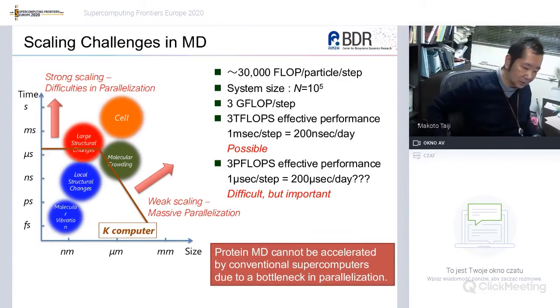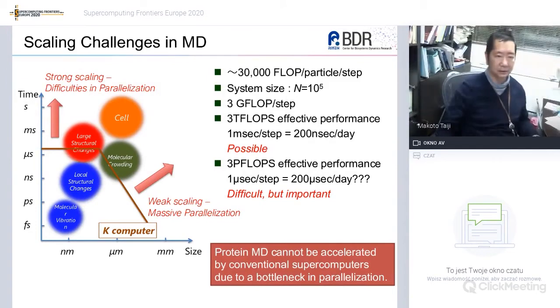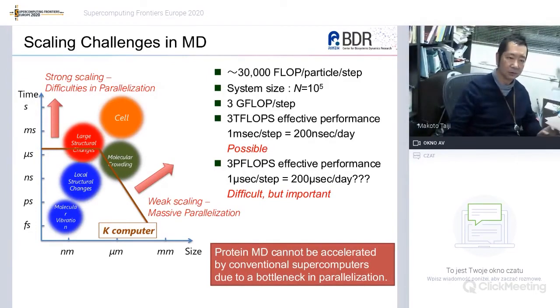If the system size is on the order of 100,000, then it corresponds to 3 gigaflops per step. If we have a 3 teraflops effective performance machine, it corresponds to 1 millisecond per step, so we can do a simulation of 200 nanoseconds per day. I think it is already possible currently.